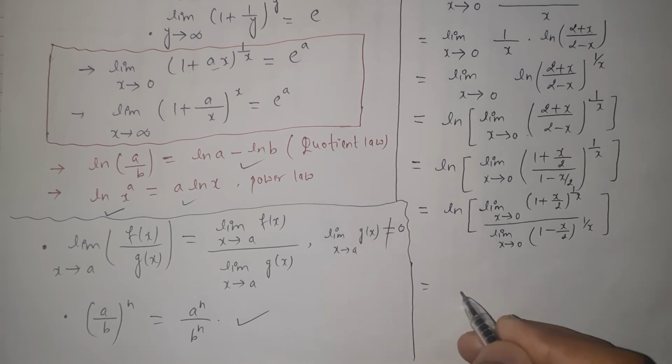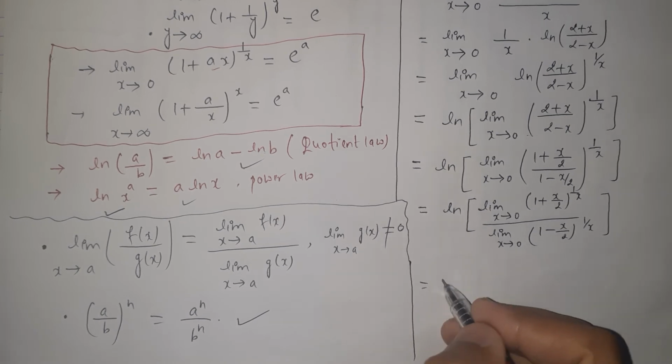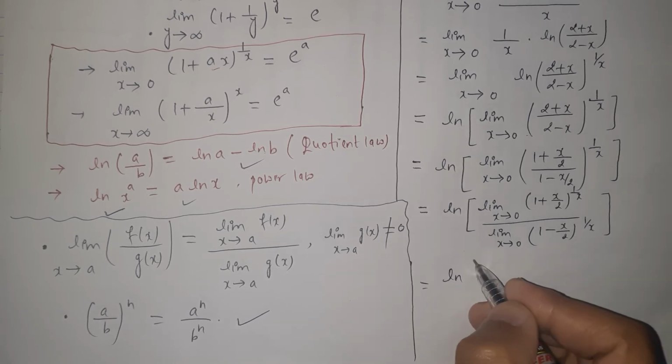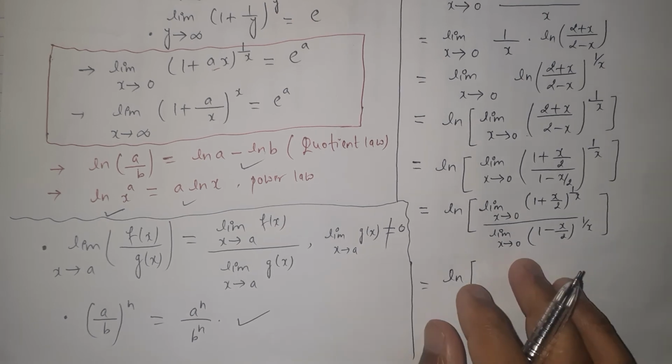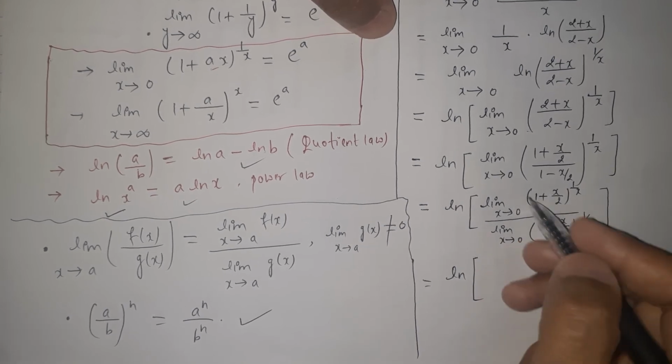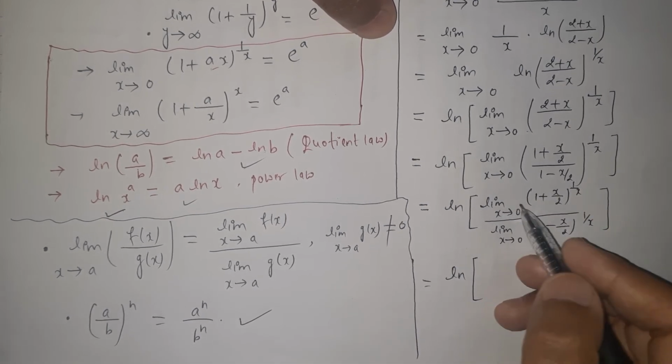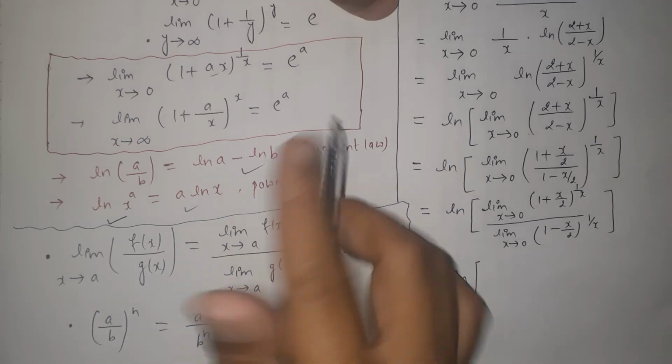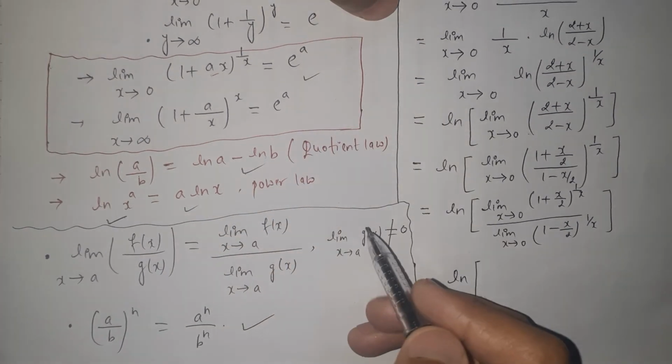Let's do some simplifications on this. This can be written as limit of ln, the natural logarithm of, here in the numerator the limit calculation has a format like the Euler number format.